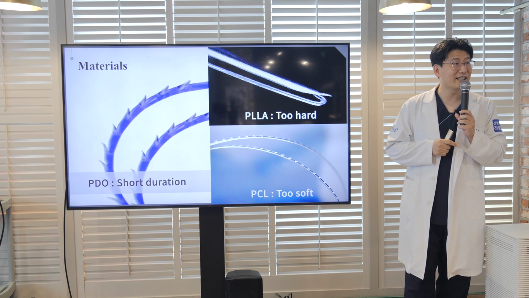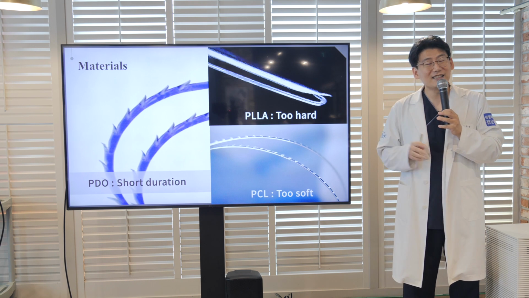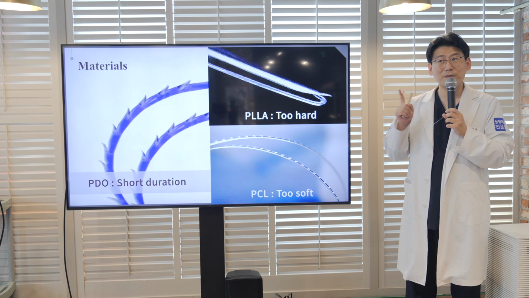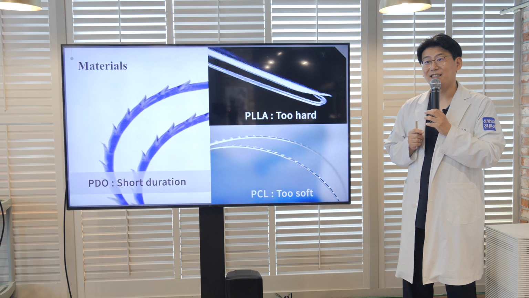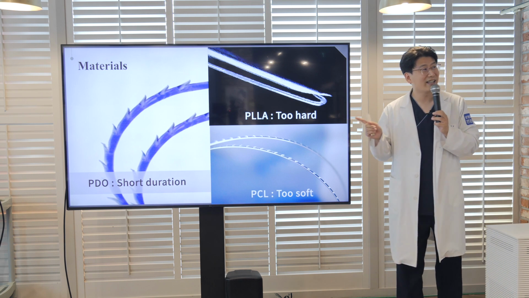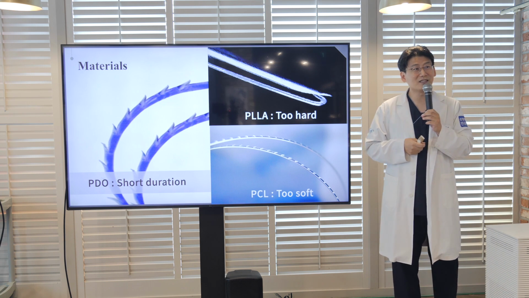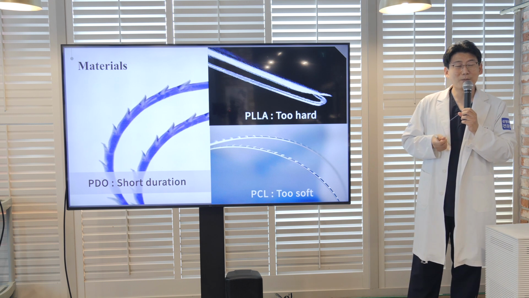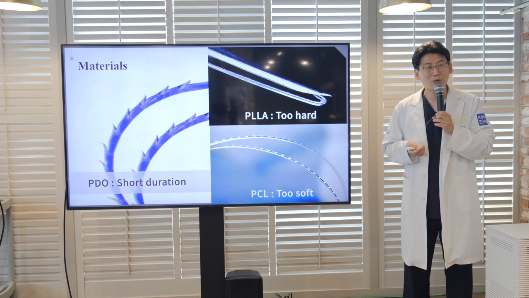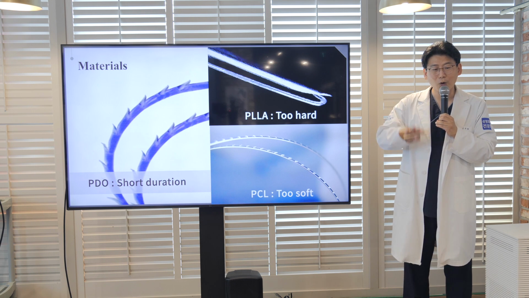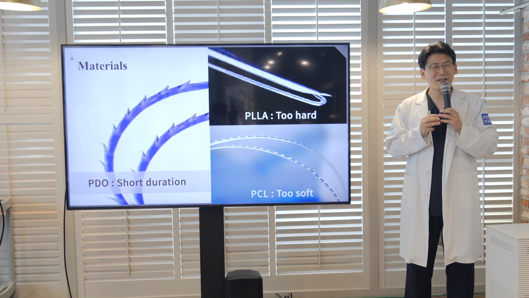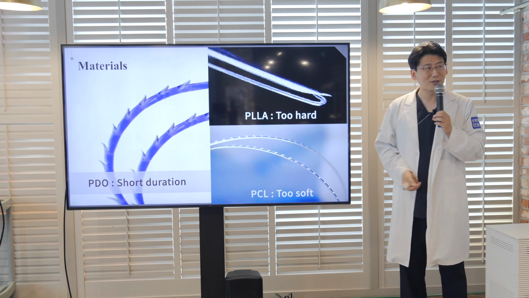The first candidate of the second lifting thread was PLLA, poly-L-lactic acid. But it's very hard. It can be broken or it can stick out easily. The patient will complain of pain after inserting it. So it also has very low plasticity. You cannot make a very complicated cog with this material.